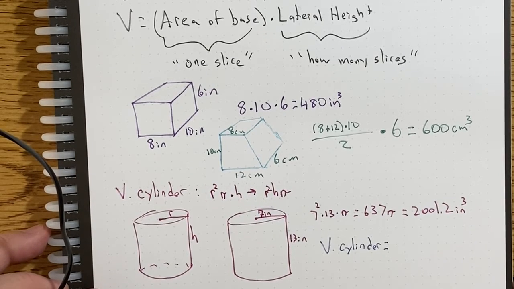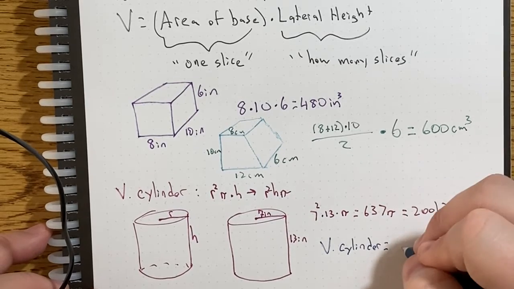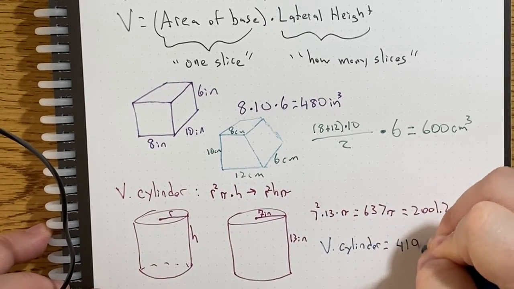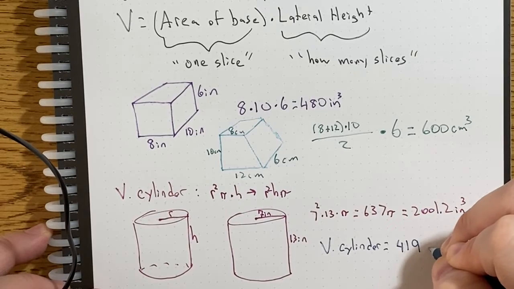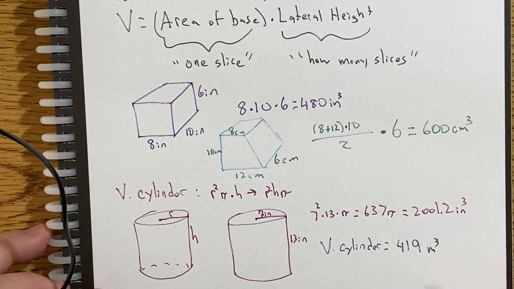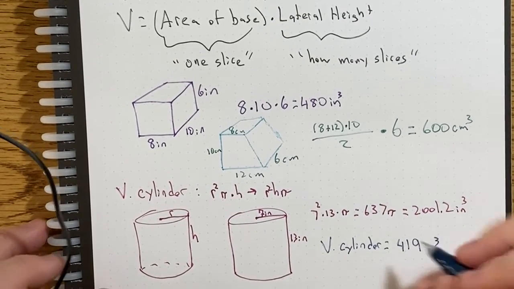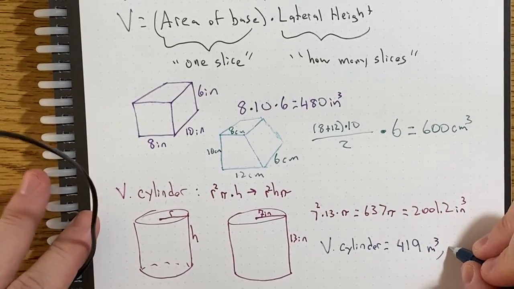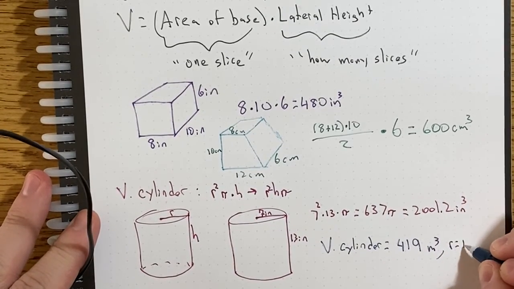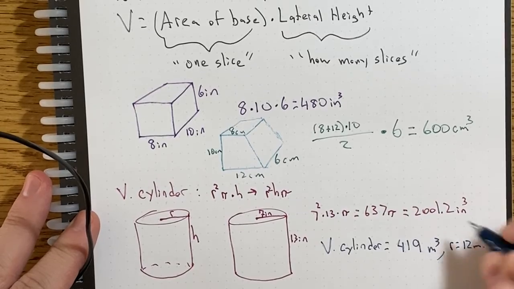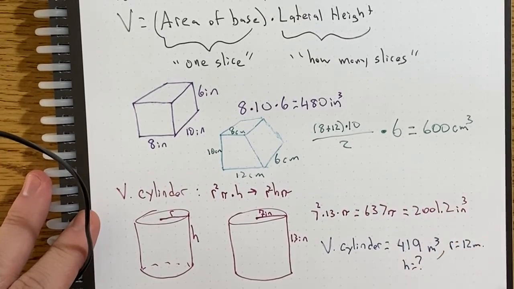And you'd probably say something weird. Actually, I know exactly what you'd say, but I won't do that. And I'll say 419 meters cubed. So if that's the volume, and I tell you the radius equals 12 meters, what is the height?